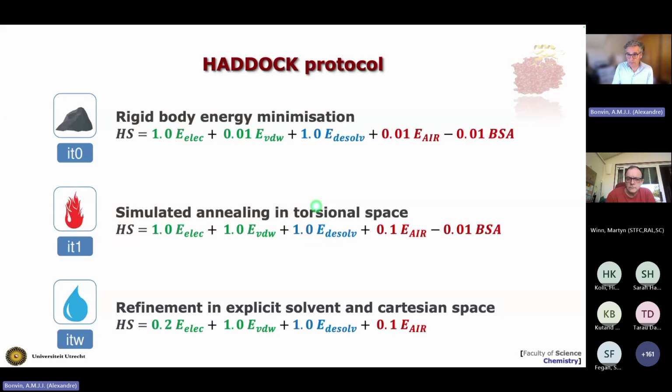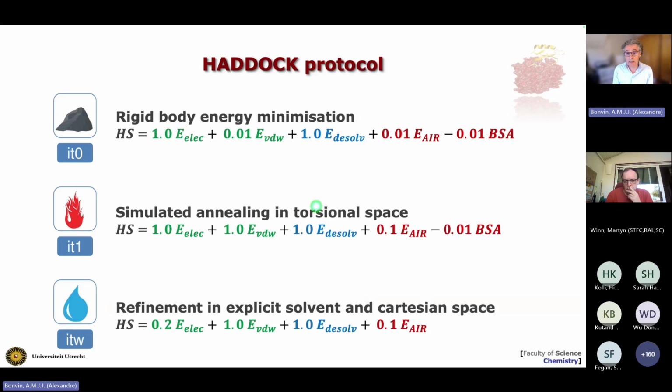We have a slightly different scoring function at different stages of the protocol. This is a simple linear function with very round weights, as you see. It was derived 25 years ago based on a few complexes and chemical intuition, and it has survived 25 years of optimization. I'm not saying it's perfect, it has its flaws, but it's robust, and that's very important.